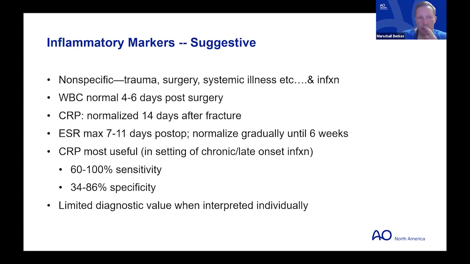So CRP is probably most useful for particularly chronic or late onset infection, but again, nothing is perfect in terms of sensitivity or specificity. So you do have to take it all in context, and it doesn't guarantee anything. If they're all normal and negative, that doesn't guarantee you don't have an infection, and the opposite, of course, is true as well.